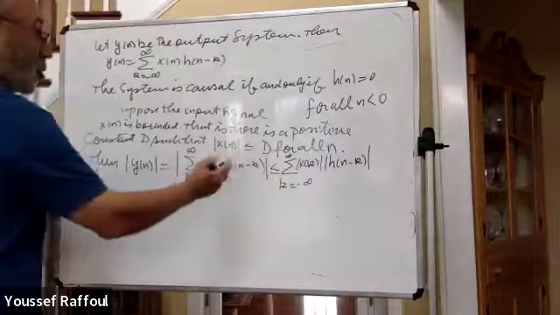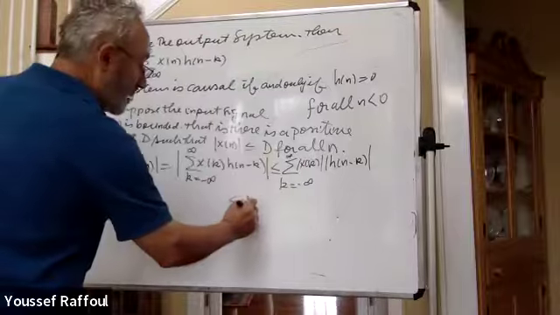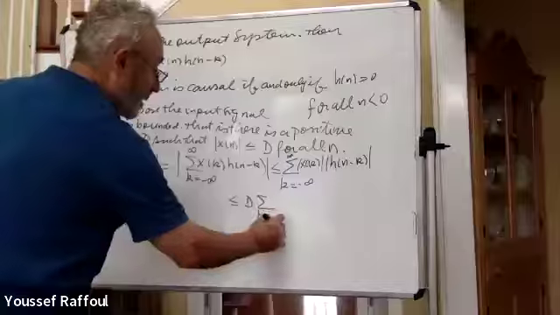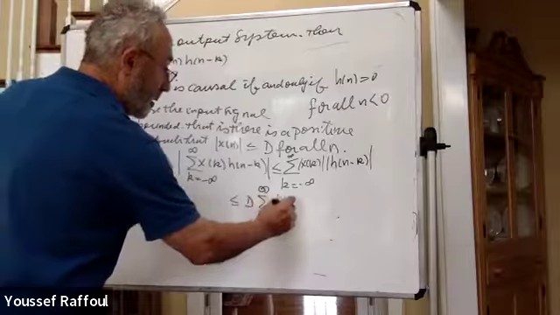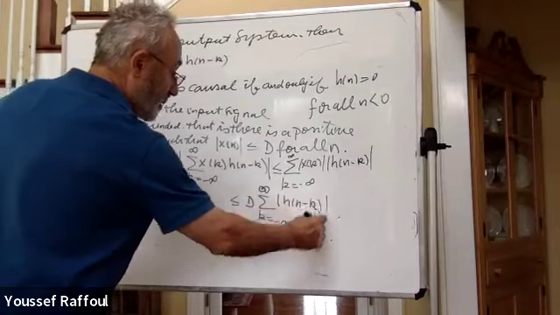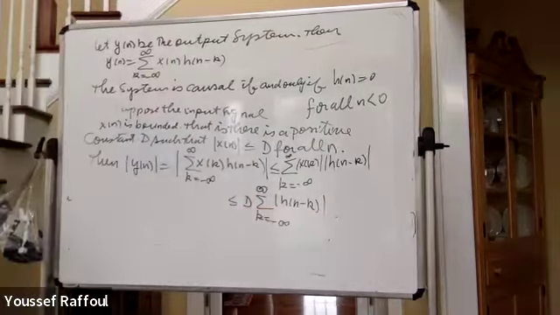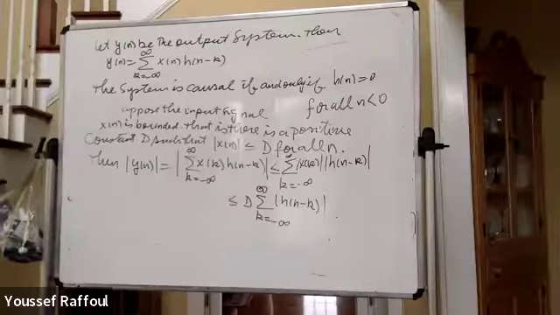Well, xk is less or equal to d. So this is less or equal to d times the sum of h n minus k. And remember what h is. This is the response of the system.